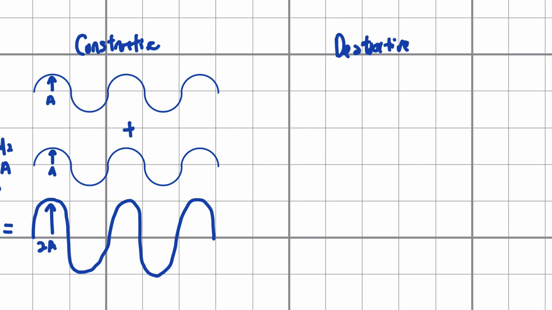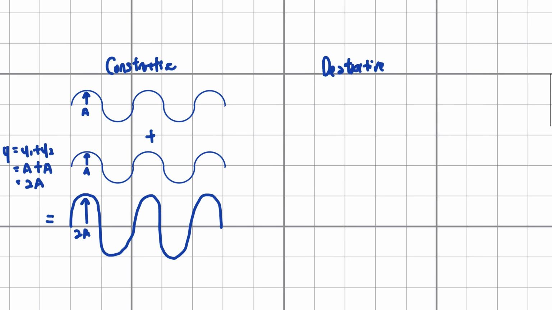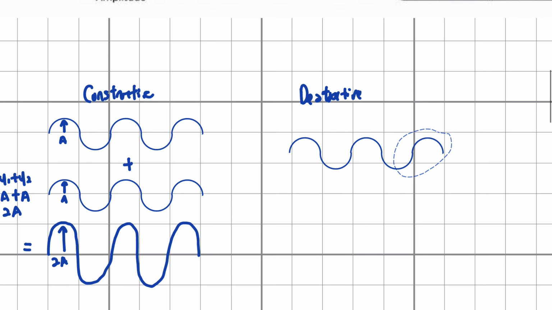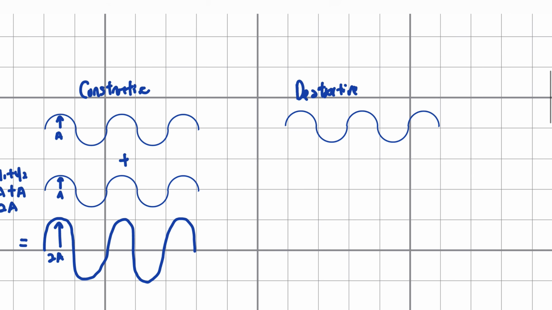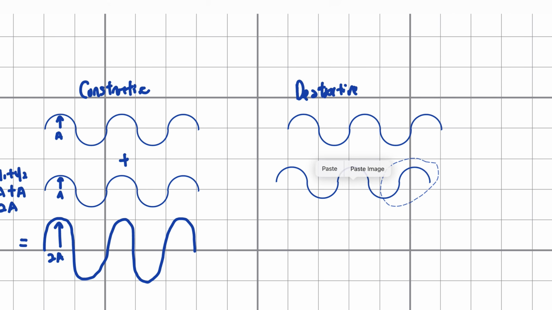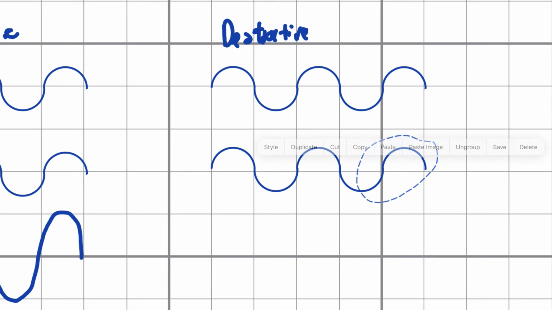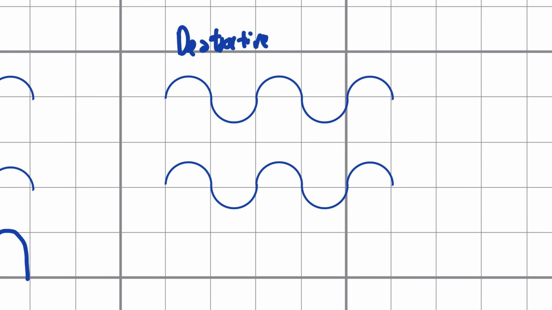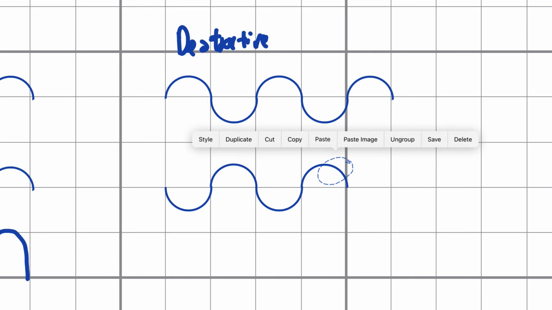For fully destructive, I'm going to use the same wave. If one wave interacts with another wave, I'm going to paste another wave, but this time I'm going to correct it slightly and reduce this one.